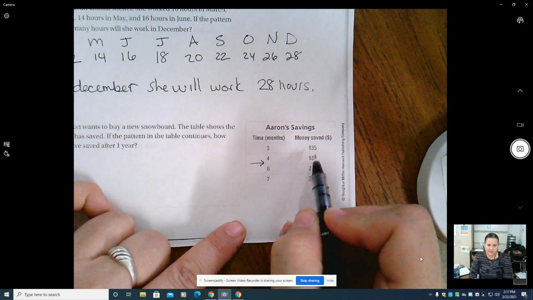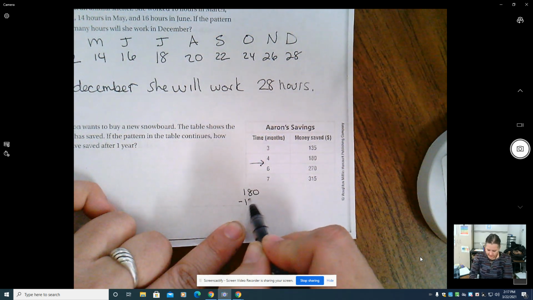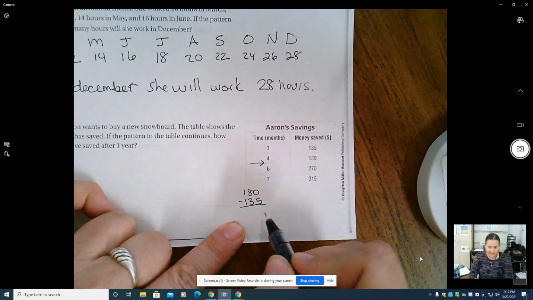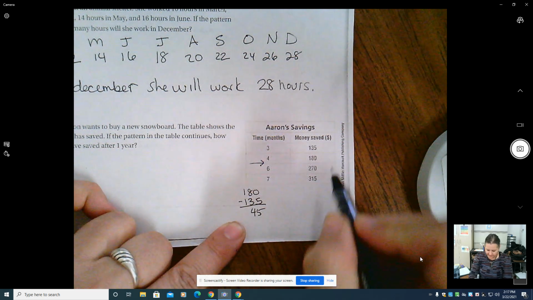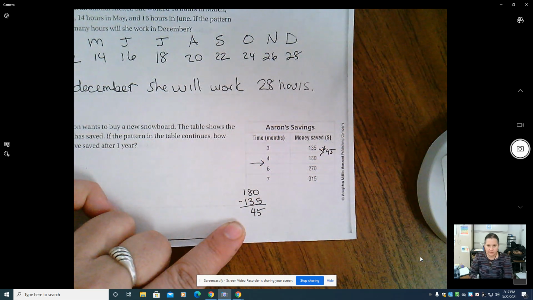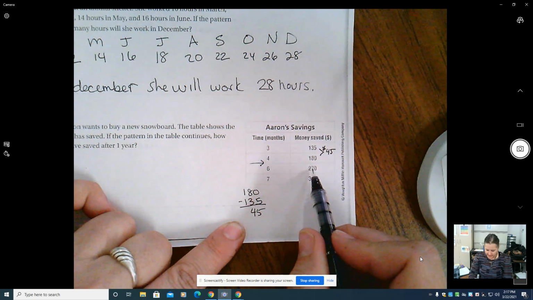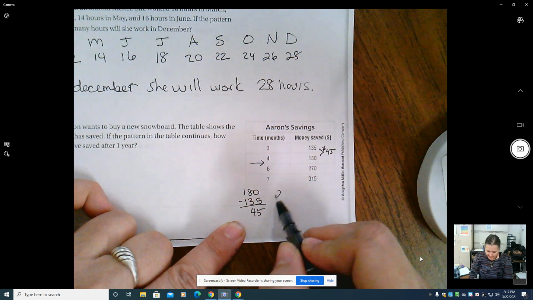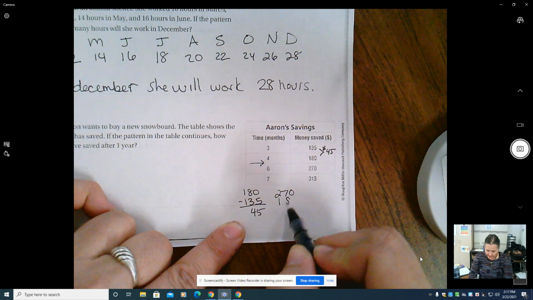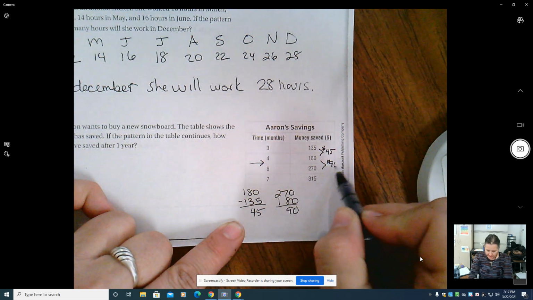So I'm going to look at the numbers they gave, and I'm going to see what the difference is. So I take 180 minus 135, and the difference I get when I subtract is 45. So from here to here, that's $45. Then I jump from 180 to 270. So I'm going to find the difference there. 270 minus 180 is 90. So I have a $90 jump here.